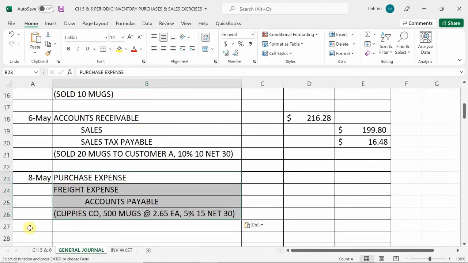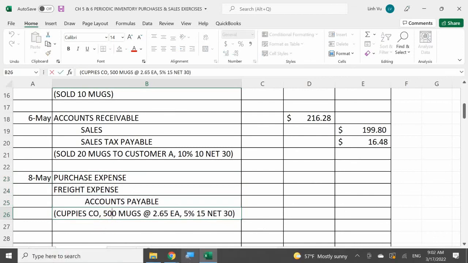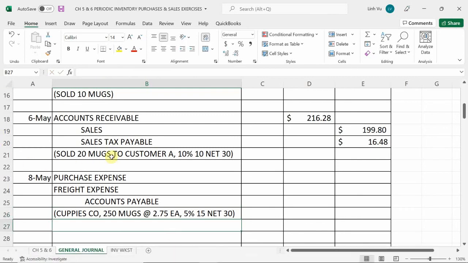Okay. And of course we have Cuppies Co., except this time we purchased 250 mugs at $2.75 each. But they still gave us the same terms, 5%, 15, net 30. So that's fine there. Okay.